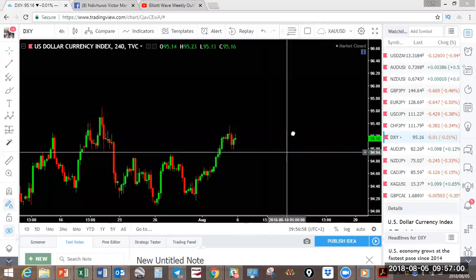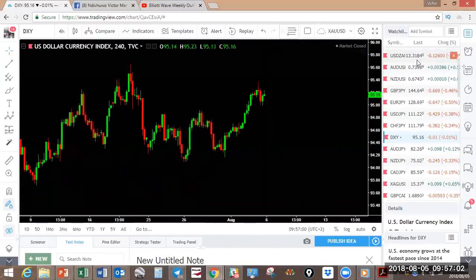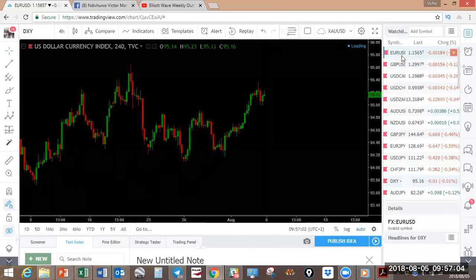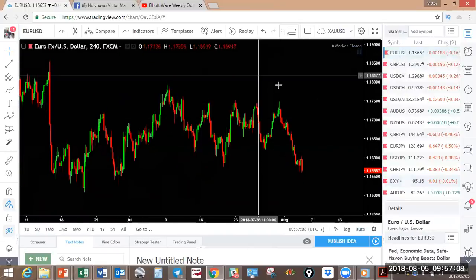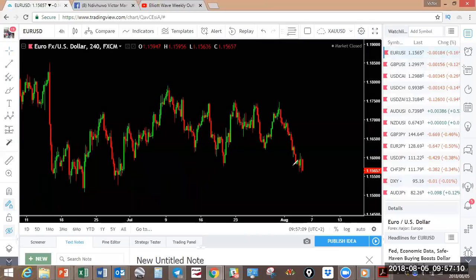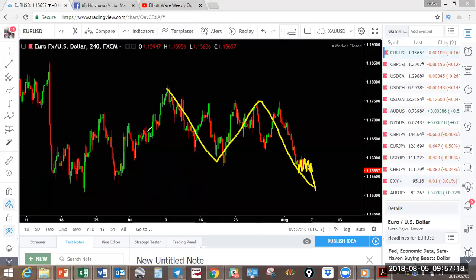Now let's look at Euro US dollar. Euro US dollar is similar. If you're just looking at the 4-hour on Euro US dollar, you'll see that it is also correcting right here, showing you that you're going to have one more down, and that will be this structure 1, 2, 3 there. So very interesting structure that you're going to be looking at.